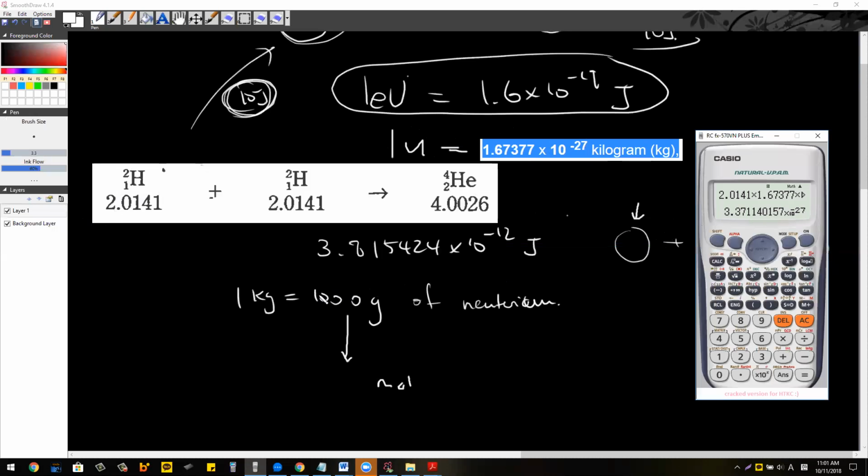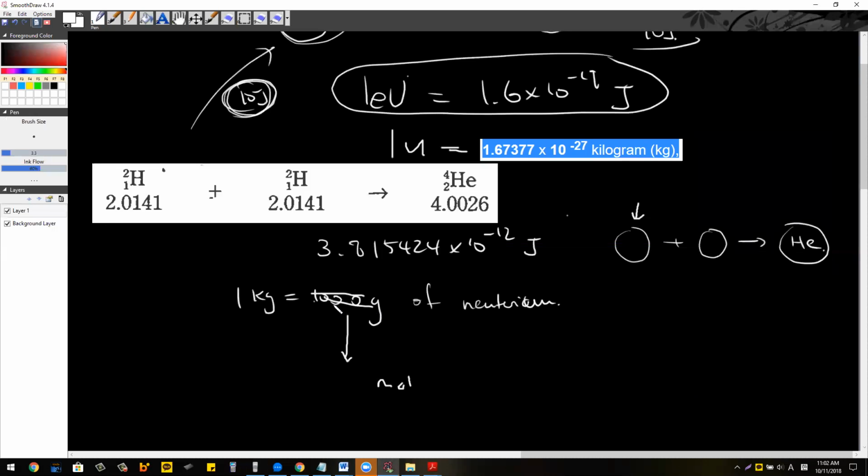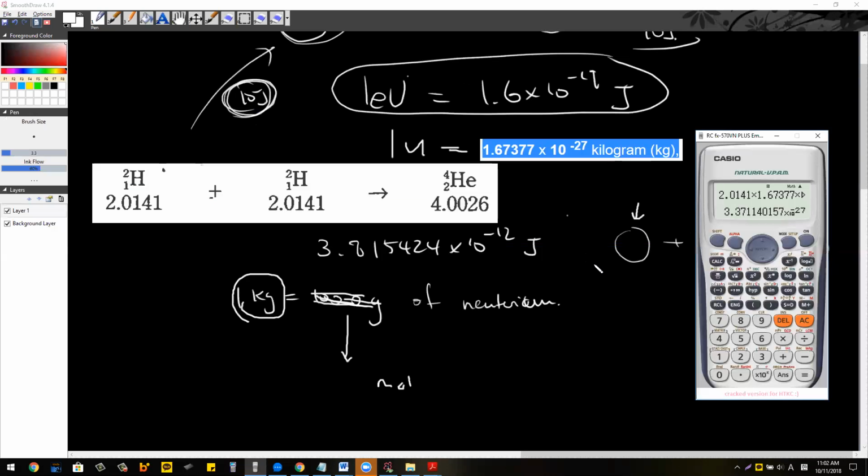So instead of converting to grams, you got 1 kilogram of deuterium. So how many deuteriums are there? You have to divide 1 kilogram by this one here. 1 kilogram divided by the answer.